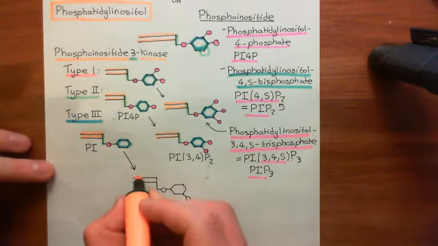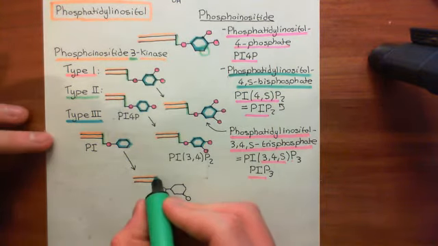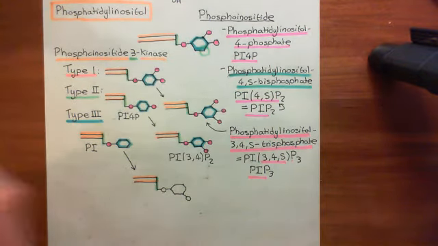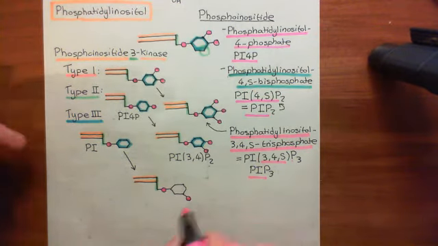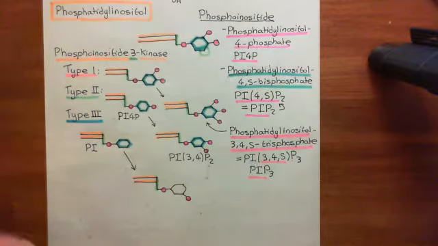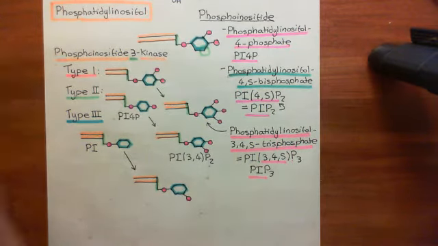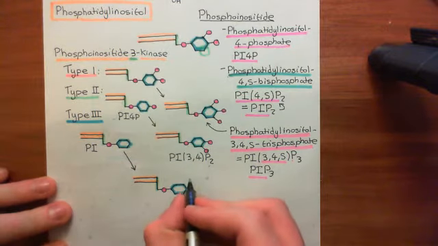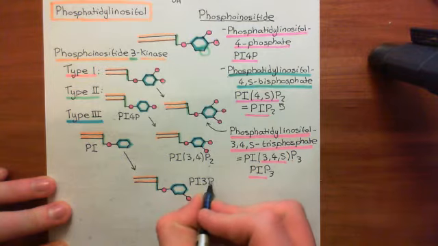So here are the long-chain carboxylic acids in orange here. Here in green is the glycerol molecule. Now we have these 2 phosphate groups in purple, and then here in blue is the inositol ring. And this structure is phosphatidylinositol 3-phosphate.